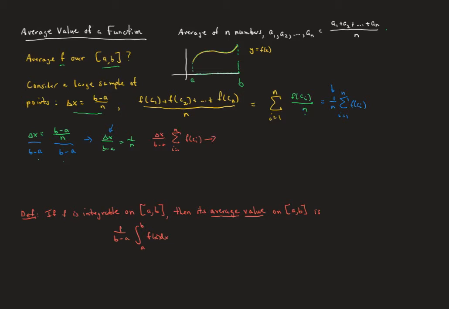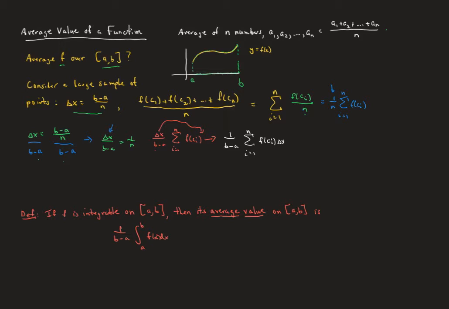So if we bring this delta x inside the summation but leave the 1 over b minus a on the outside, we're going to get 1 over b minus a times that sum i going from 1 to n of f of c sub i times delta x.